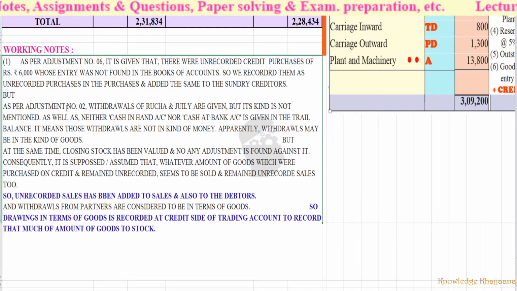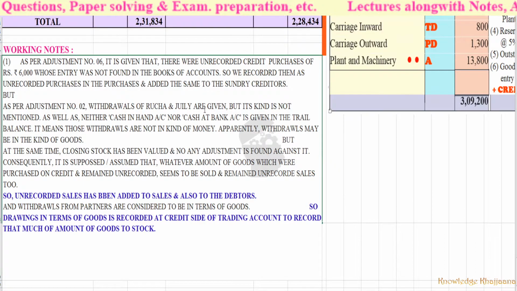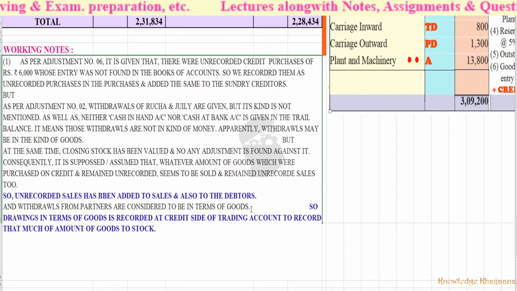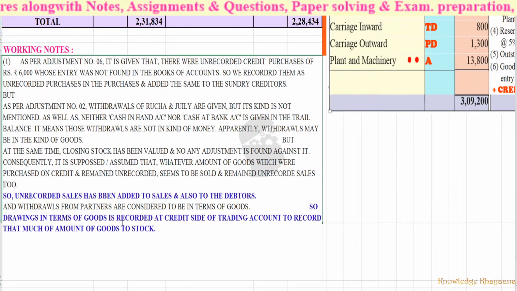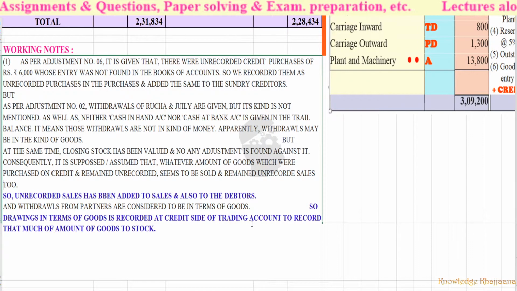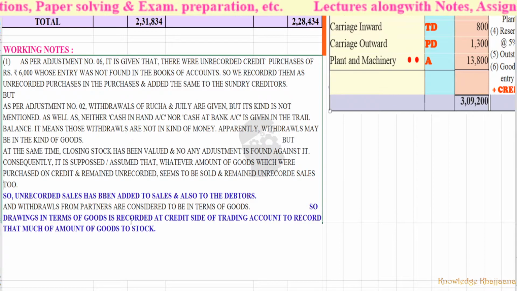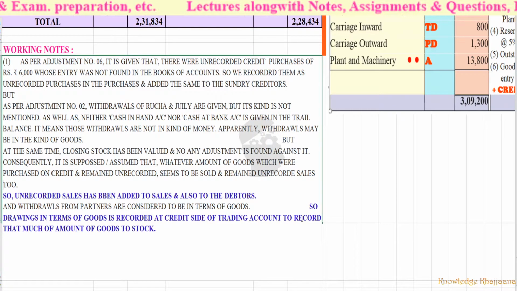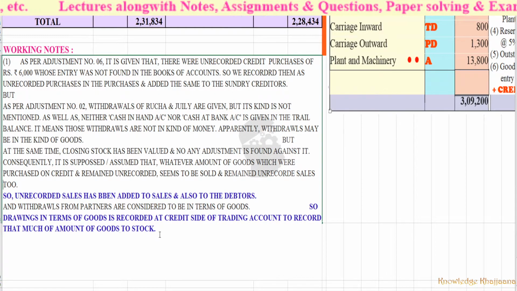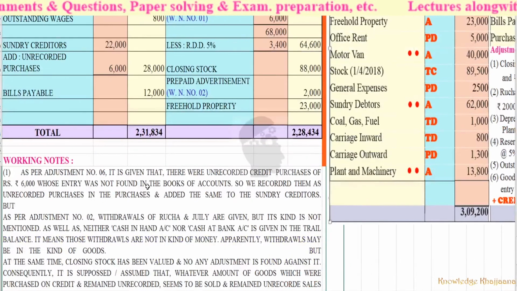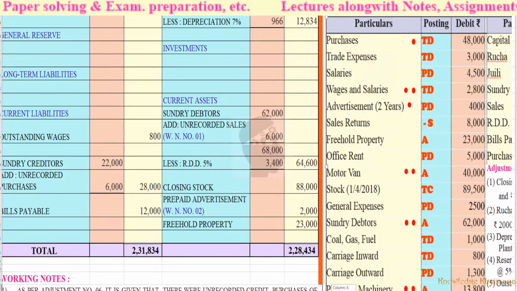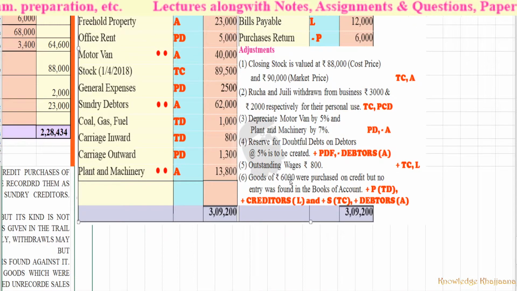So whatever has been drawn by Rucha and Julie must be in terms of goods. So drawings in terms of goods is recorded at the credit side of the trading account, to record that much amount of goods to stock. Okay. Now we solved adjustment number 6 also.